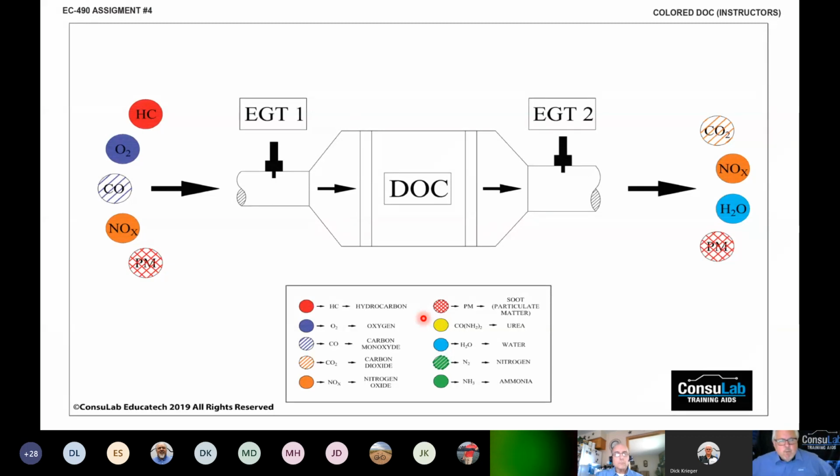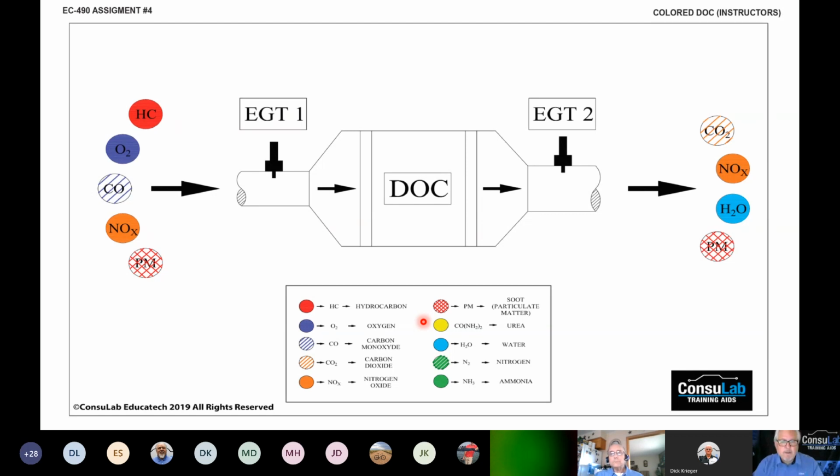Here, part of the graphics that we created at Consulab, and we've got a great engineering team there that put together the documentation of the system and made the drawings for us, so they're ours. You can see that they're copyrighted. If you have access to our website, these are included in the website offering.